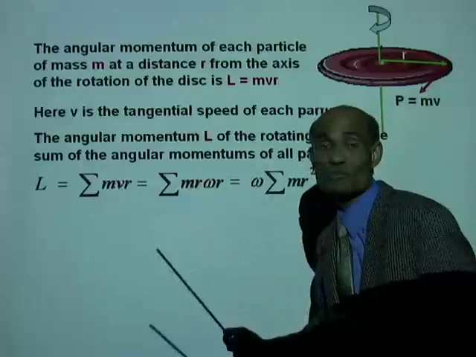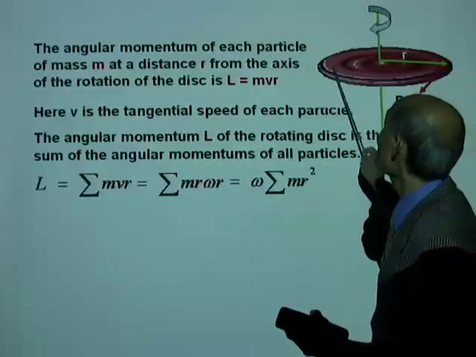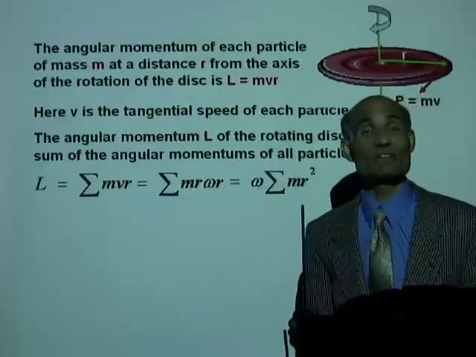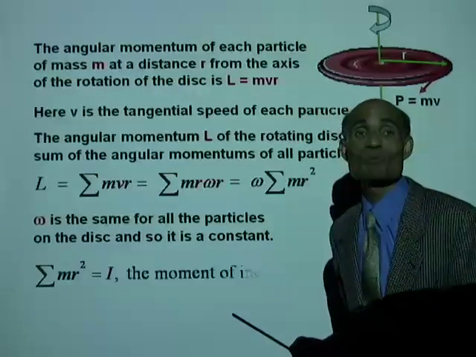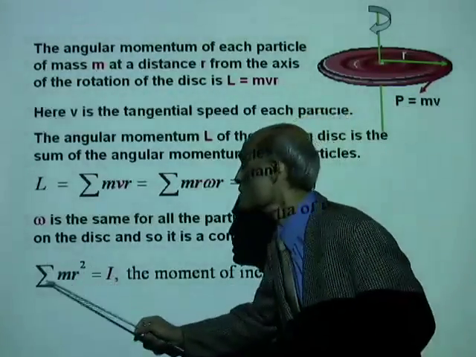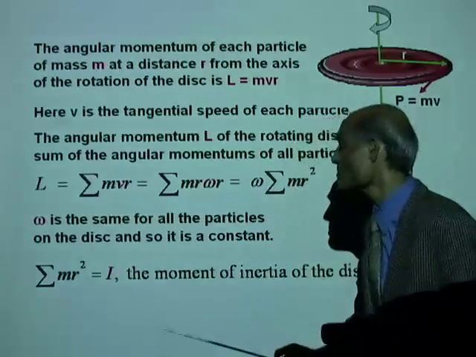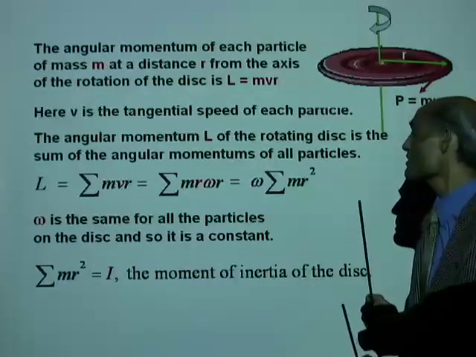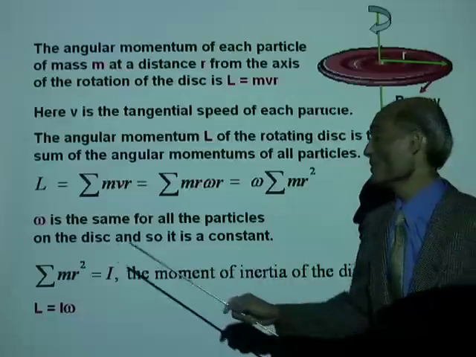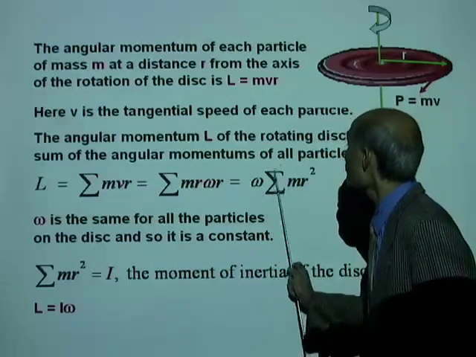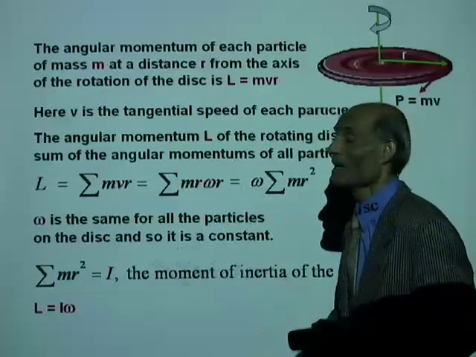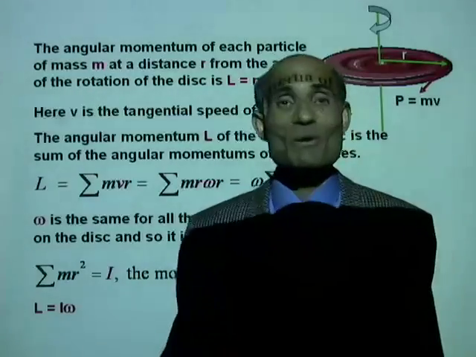Summation mr squared is the moment of inertia of that disk. So what is the angular momentum? Summation mr squared equals I, the moment of inertia of the disk. Therefore, L equals I omega.